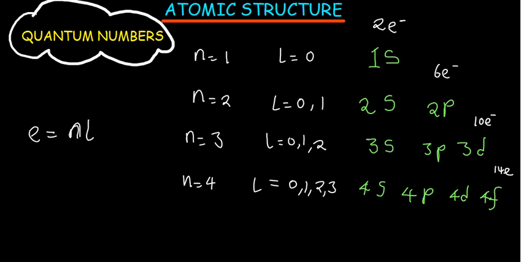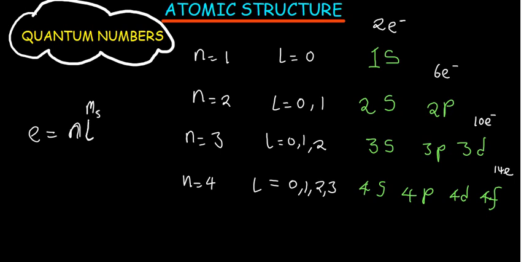Then you write the angular momentum quantum number, and on top we have the electron spin, ms. This is how you write electrons. The magnetic quantum number just represents the number of orbitals, how many orbitals there are.